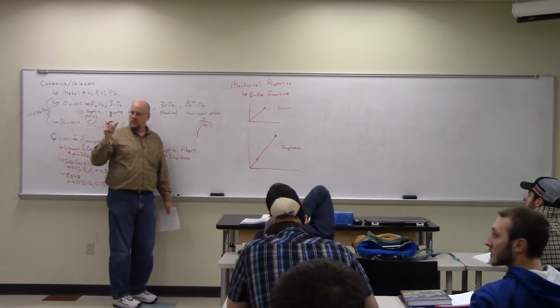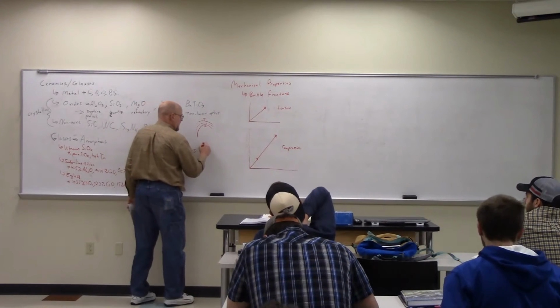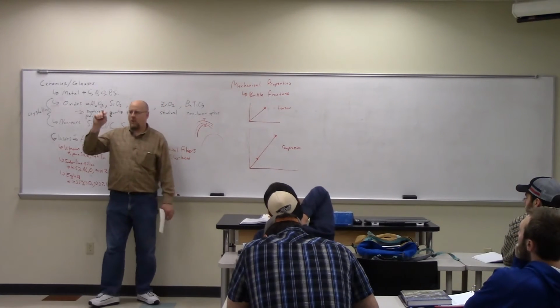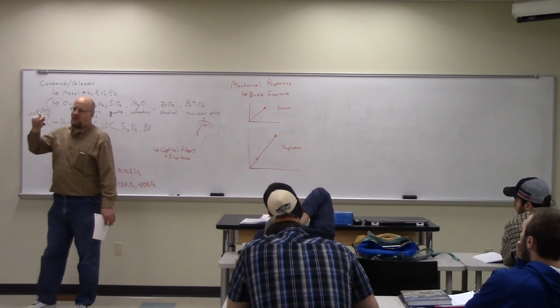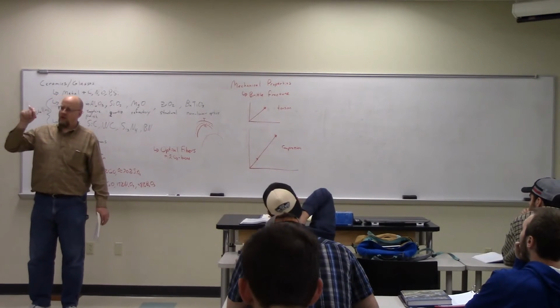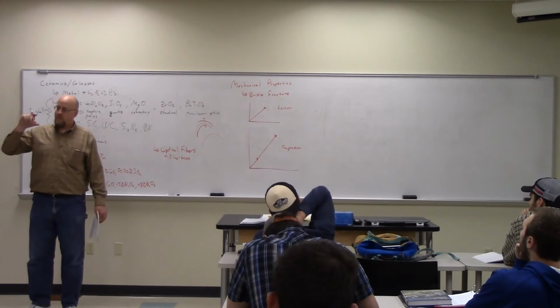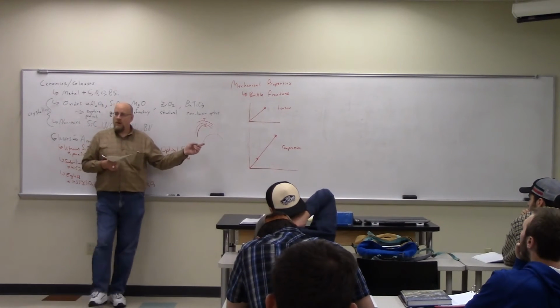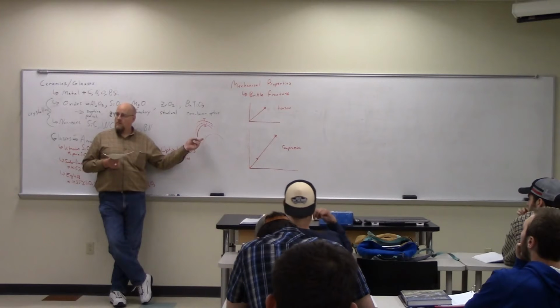So if I make a really thin fiber, I'm never very far from the center line, and I won't have nearly as much tension on the surface as I would with a thick fiber. Most of the ability to bend a glass fiber is just the fact that it's thin.